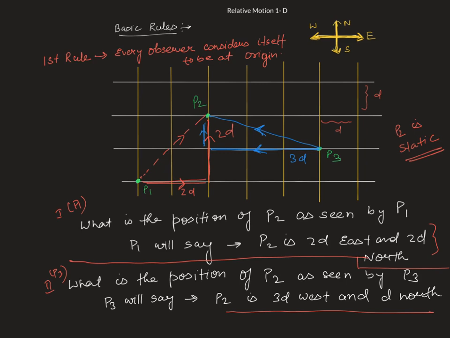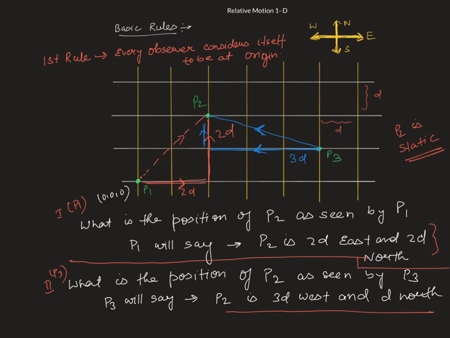So as in the first case, P1 was observing, and when P1 was the observer, P1 thought that its position was 0, 0, 0. And P1 said, okay, I am at 0, 0, 0.